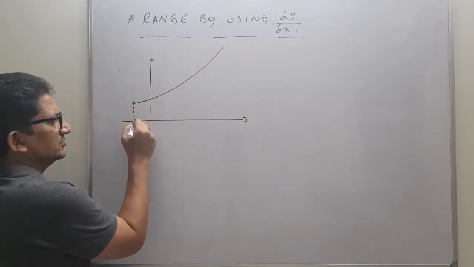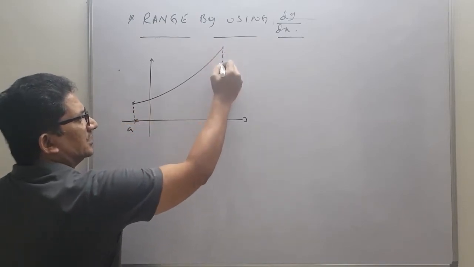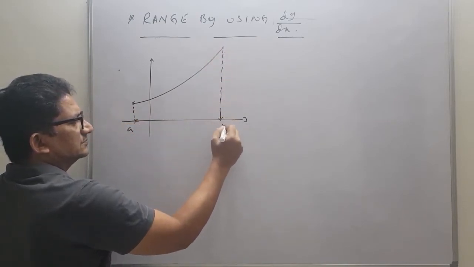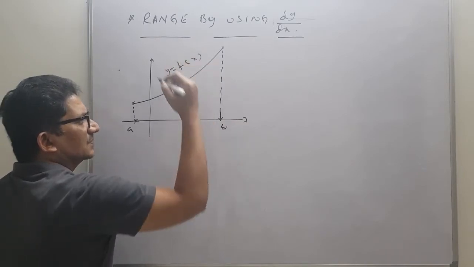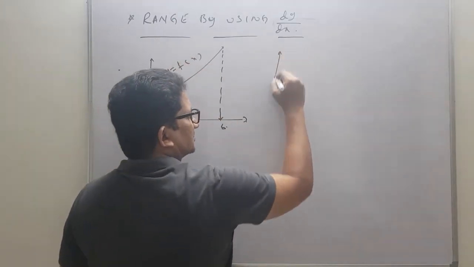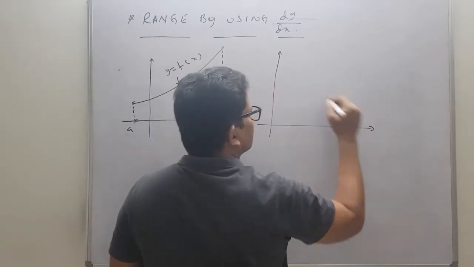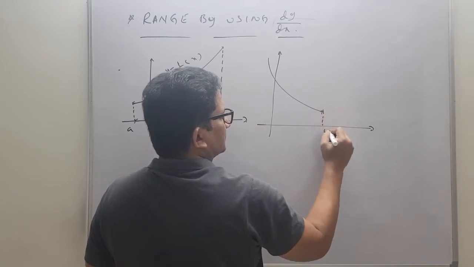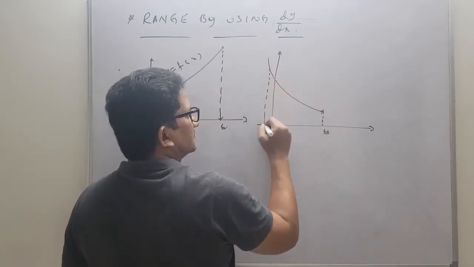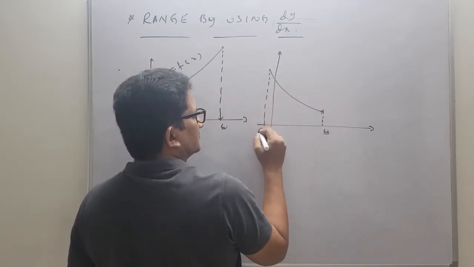Let us assume the domain is between a and b. So this is the function y equals f of x. Or else one more case is the function is decreasing. So this is the domain of the function.